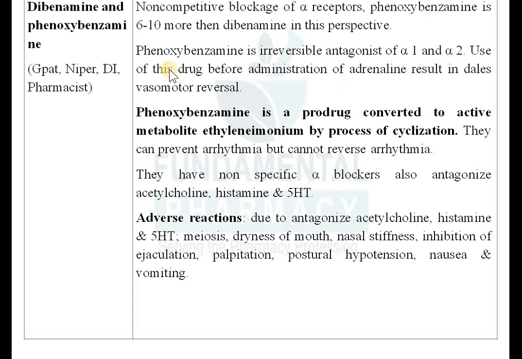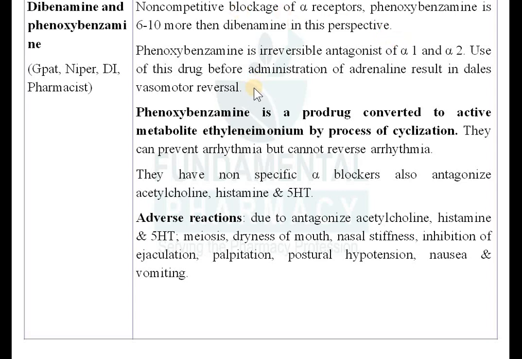Remember, more potent means its activity is the same, but the dose required is very less. Phenoxybenzamine is 6 to 10 times more potent than dibenamine in the blocking action. The dose of phenoxybenzamine required to block the alpha receptor is very less as compared to dibenamine. That is the meaning of that.